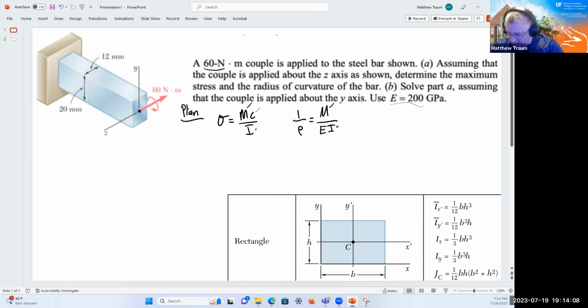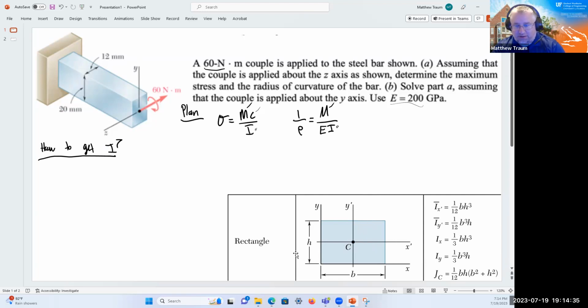So let's work on I. How do we get to I? All right, so I'm going to cheat here a little bit. What I've done is taken an I diagram from a table in a statics textbook. And notice here we've got this coordinate system, which is y, z with rotation around z. And here we've got y prime, x prime.